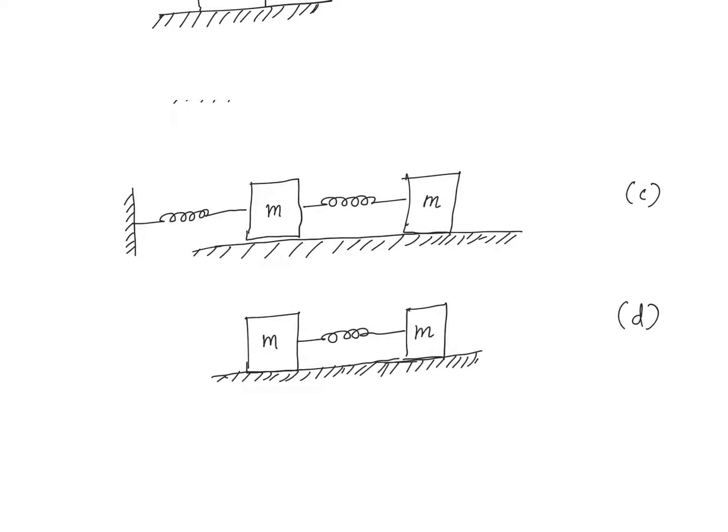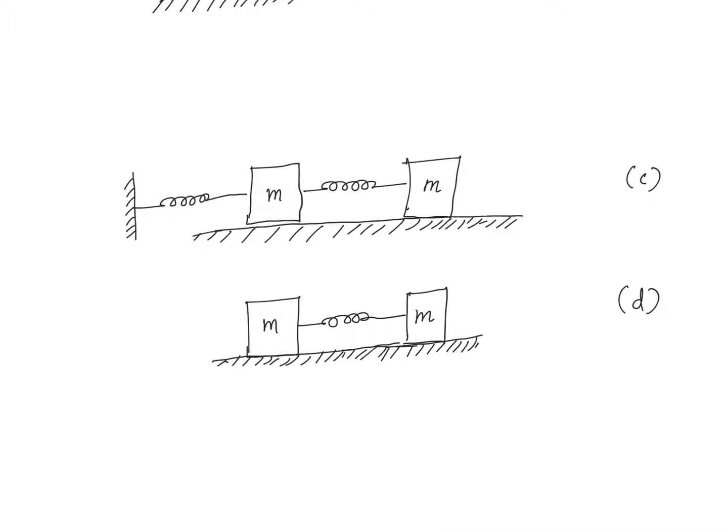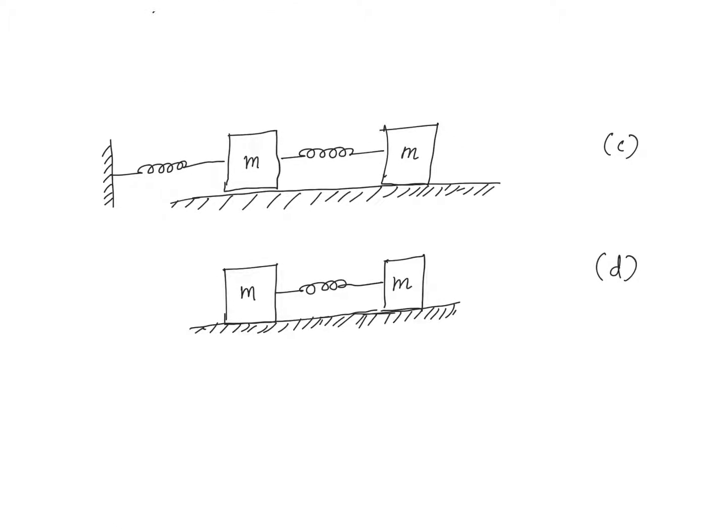Here the first question that we should answer is how many degrees of freedom are there? Degrees of freedom are the independent quantities which are required to completely define the state or the configuration of a system.